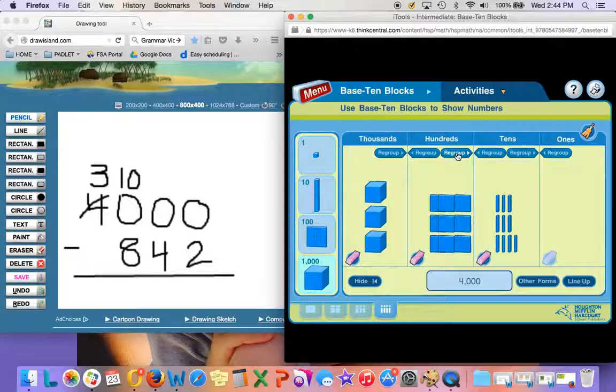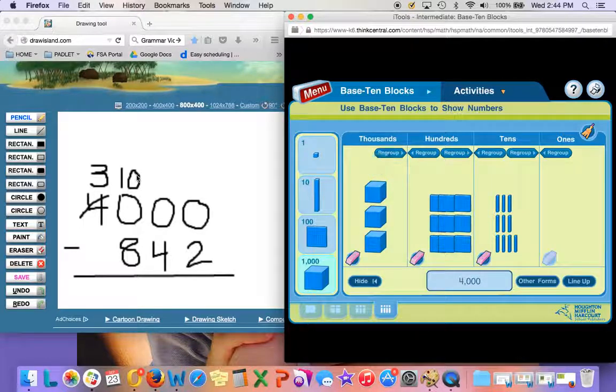So again, I'm going to show you we still have the number, and you can see down here, 4,000. 3,000 plus 9 hundreds now, and then another 100 over here that's in a 10, which makes this 10 hundreds, which gives me 1,000, plus 3,000 gives me my 4,000.